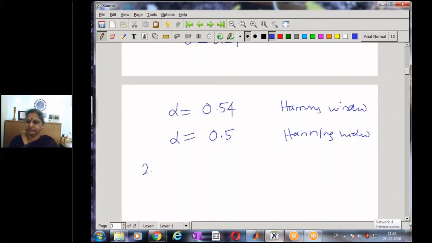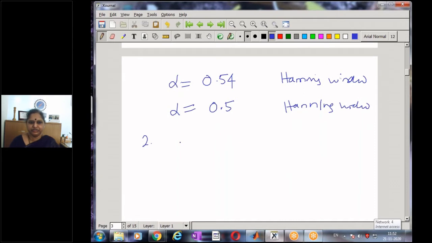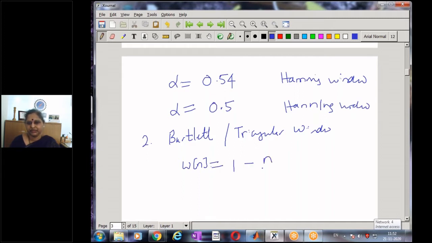We have another window function, the Bartlett, also known as the triangular window function. It is given by w of n equal to 1 minus |n| divided by m plus 1.